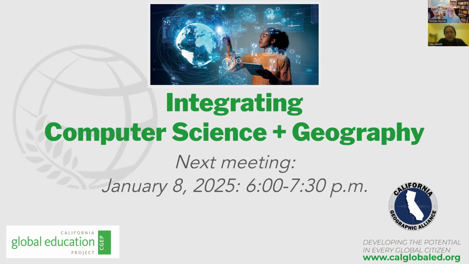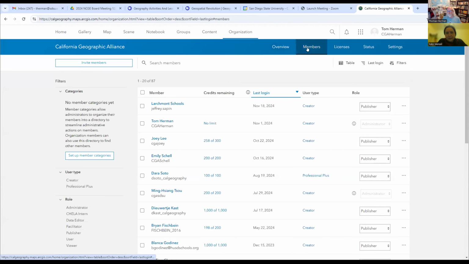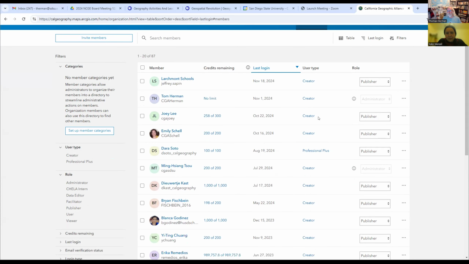Let's see. When I log into my California Geographic Alliance account, I get this page. There are different kinds of home pages that can be set up, so it may or may not look like this, but there should be these tabs. So you should be able to go from overview to members, and then this is everybody who's got a unique login on our account.